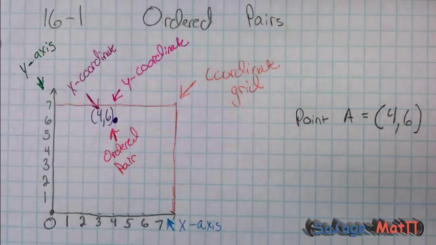So our overall definitions for this whole unit are going to be y-axis, x-axis, x-coordinate, y-coordinate, ordered pair, and coordinate grid.